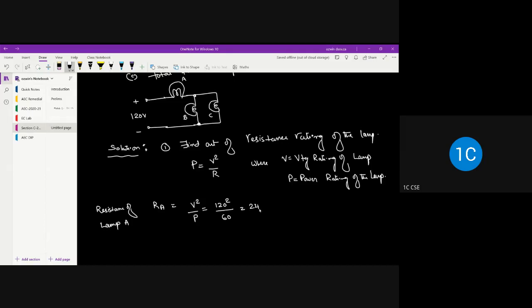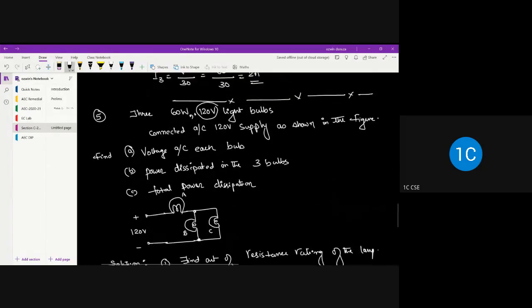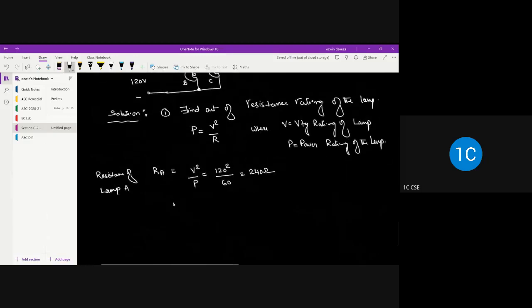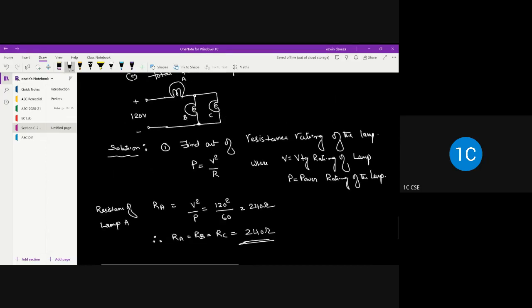That is 240 ohm. All the lamps have the same rating, so RA is equal to RB is equal to RC is equal to 240 ohm, because the rating of the lamps is the same.